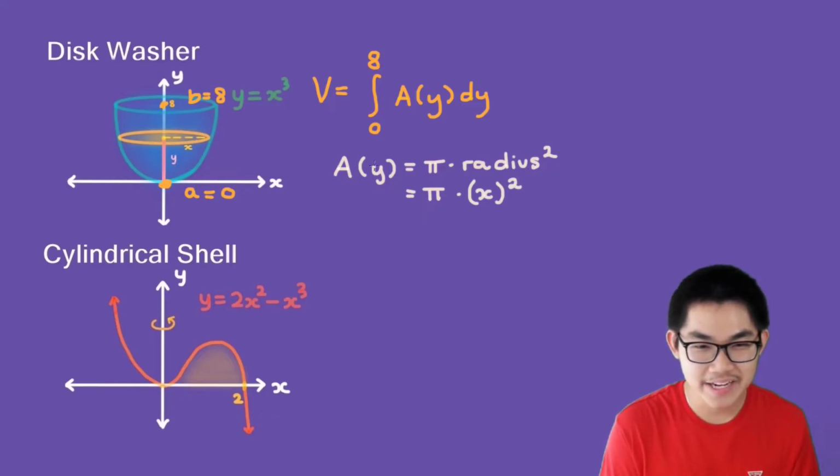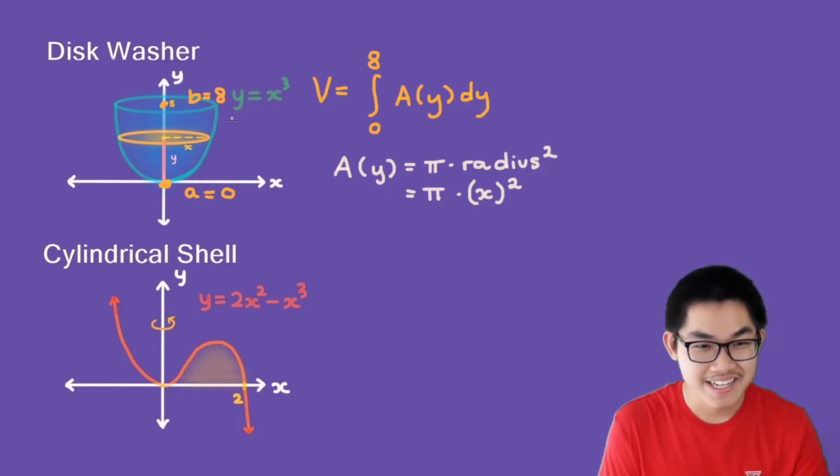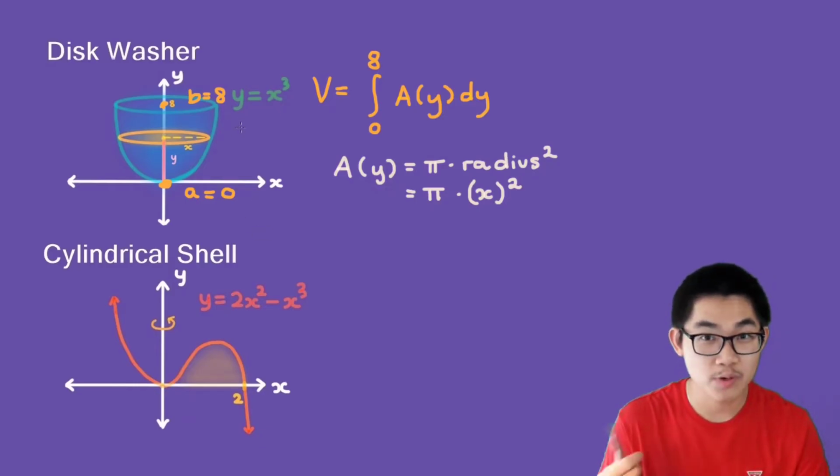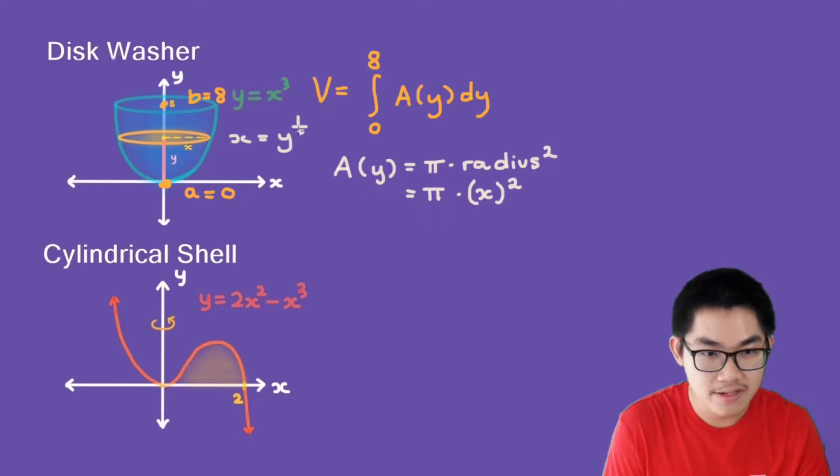Since we're trying to integrate with respect to y, we need to rewrite this function in terms of y. Now we know that y is equal to x to the power of 3. So if we take the cube root of both sides, we're gonna get x is equal to y to the power of 1/3. And we can replace it with x right here.